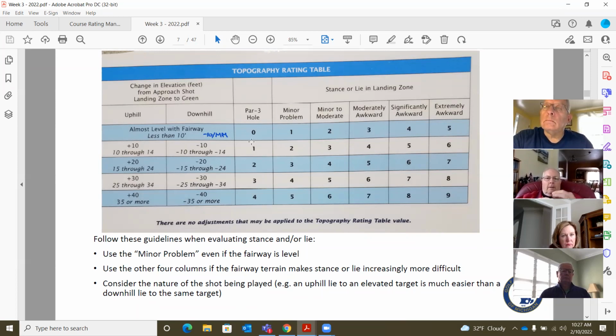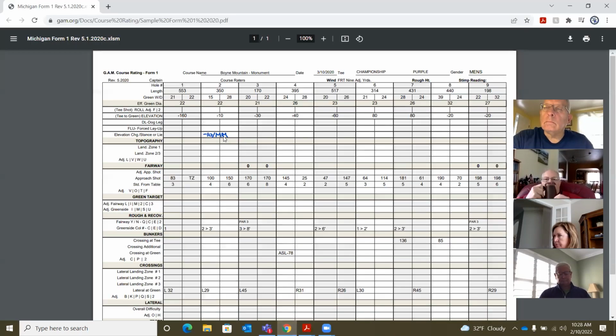So again, we got -10 here. That's our elevation, and then minor to moderate is going to get us a value of 3. So we'll go back to our Form 1, and in this spot here, we'll write a 3. And then we'll do the same for the bogey, because keep in mind that the bogey and the scratch player have different landing zones.